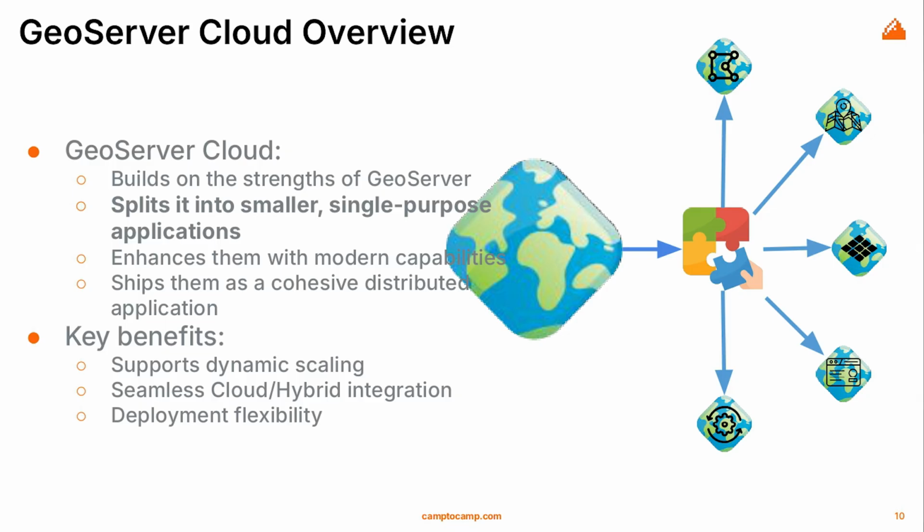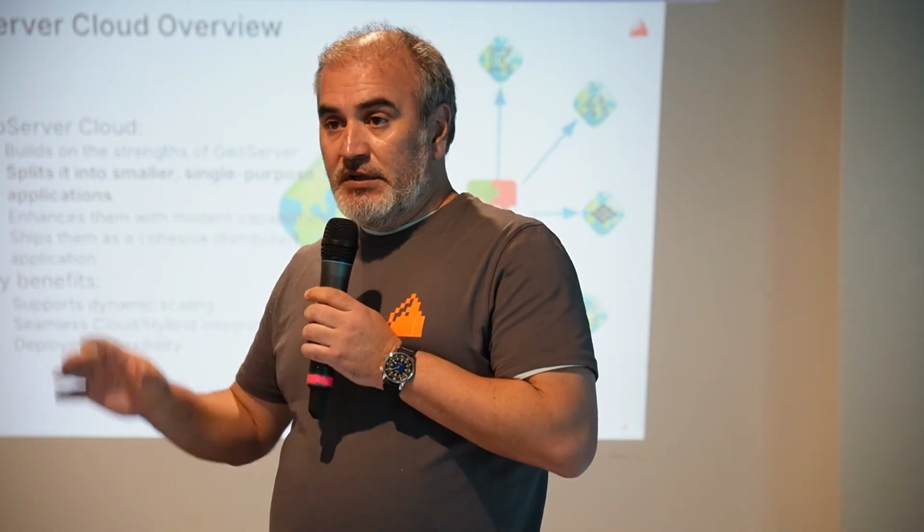Whereas the traditional GeoServer packaging results in a monolithic application providing many services, GeoServer Cloud cherry picks what to include in each application to serve, for example, only features or maps or tiles. Even having dedicated applications for the REST API and the web user interface separately.